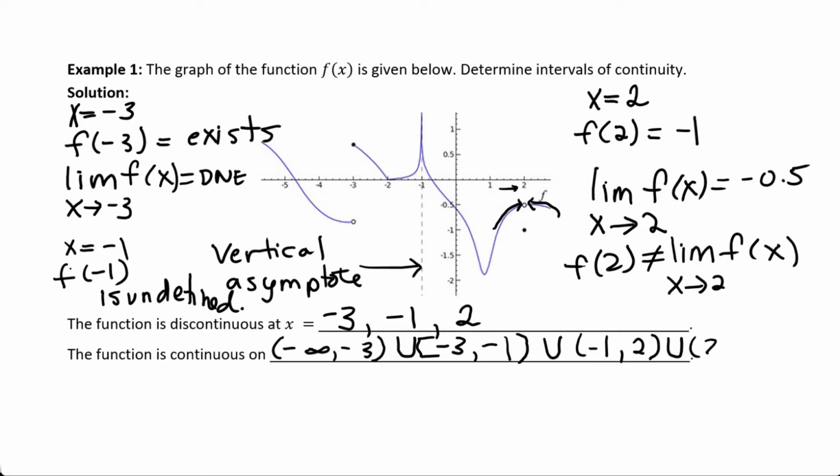And the last piece, we start at 2 and go to infinity. As a quick reminder, brackets mean the endpoint is included, and parentheses mean that the endpoint is not included.